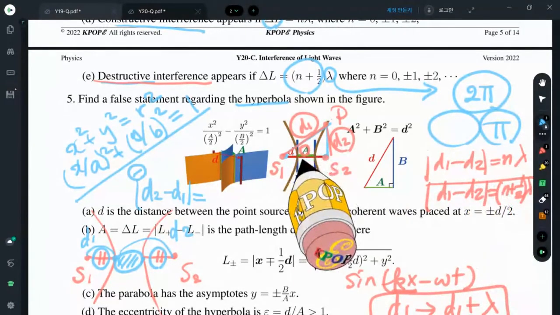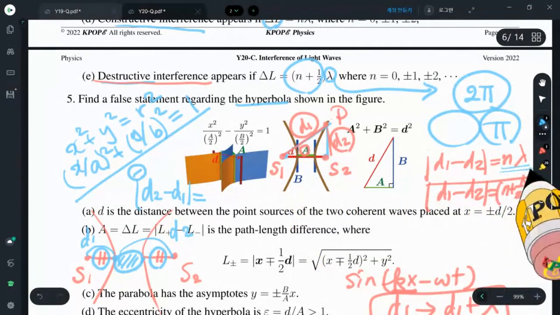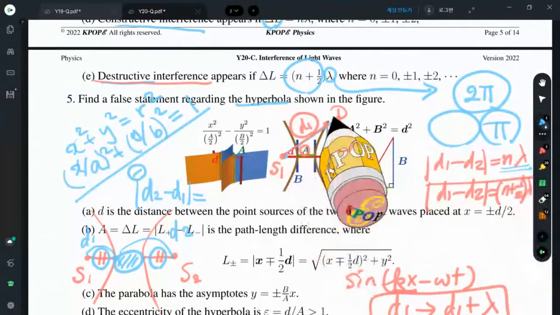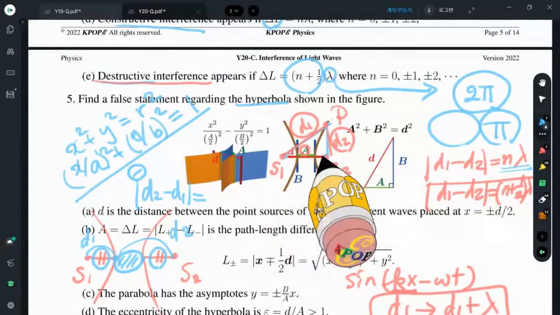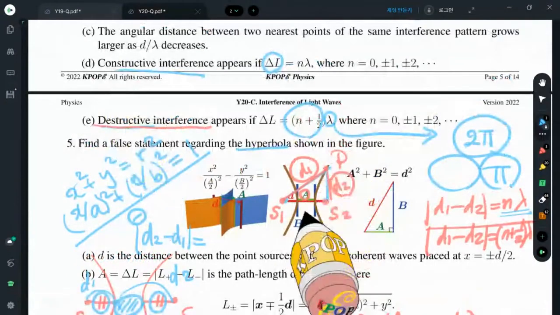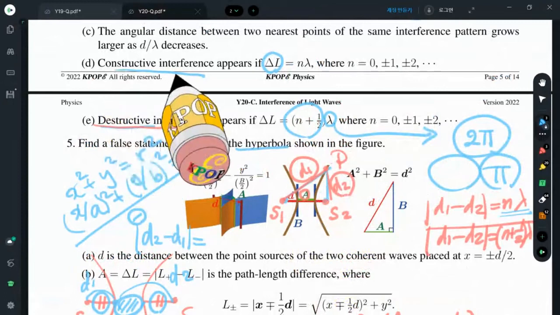If capital A is multiples of the wavelength, then this curve represents the track of points of constructive interference.